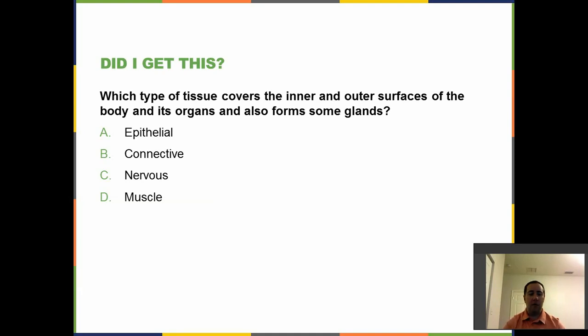We have loose and dense fibrous connective tissues. Those were the dense fibrous connective tissues. What were the loose fibrous connective tissues? Like skin. There were three of them I think we talked about.